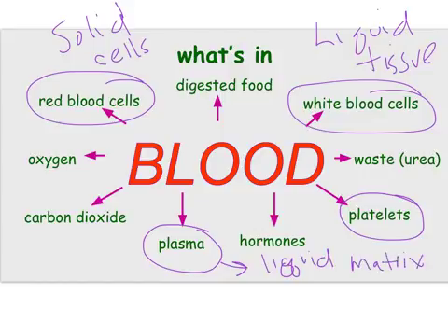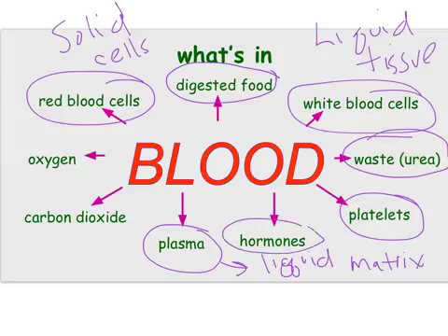And in this plasma, which is predominantly water, we have digested food material, so we have glucose and amino acids in there. We have some waste, such as urea, which is a waste product that is produced when proteins are broken down, and that urea is sent to mostly be made into urine.